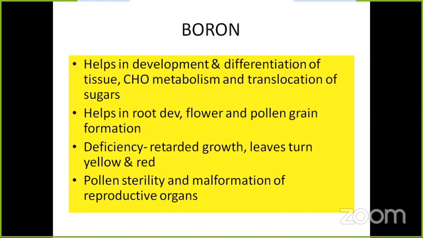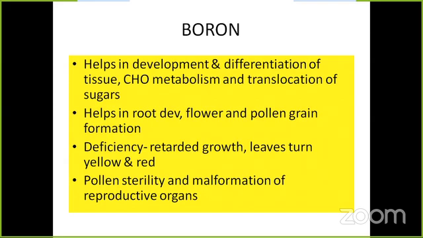So in absence of boron or a lesser quantity of boron, what happens is the pollen grain will be affected, growth will be affected, dehiscence or bursting will be affected. Thereby sterility is created, and there will be no fruit formation.